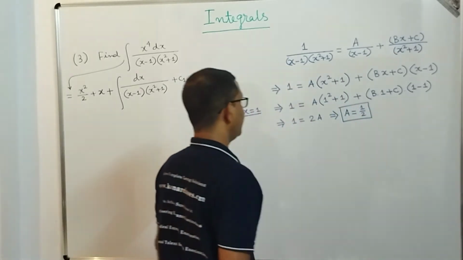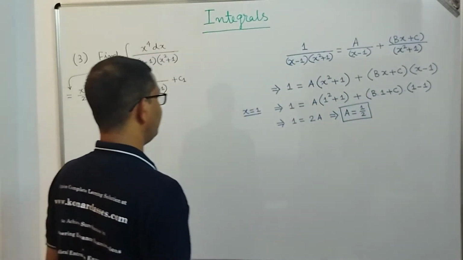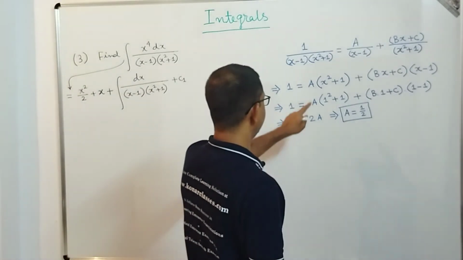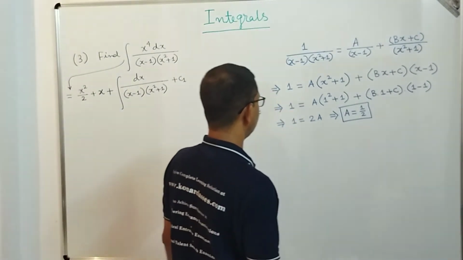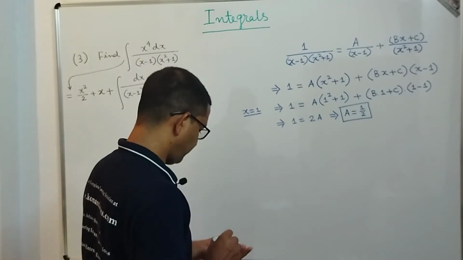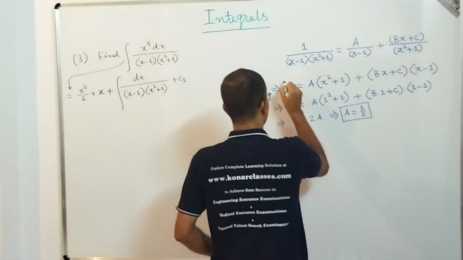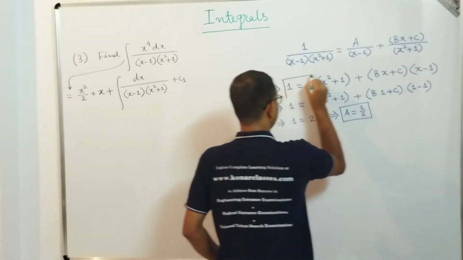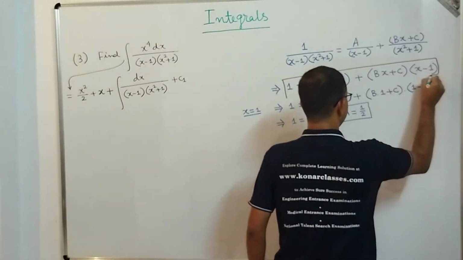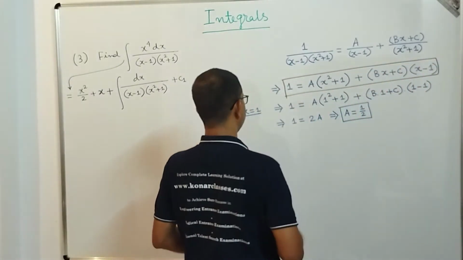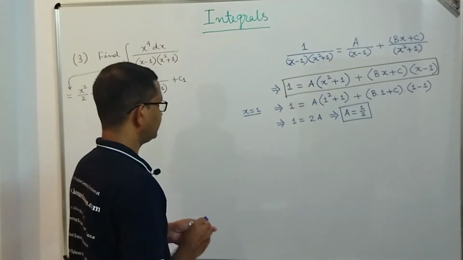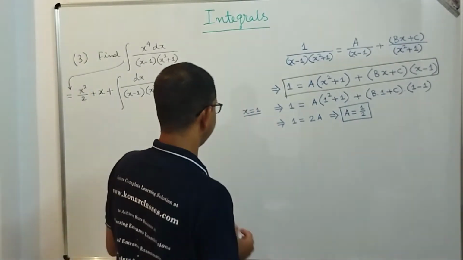Okay. Now let's see what the values of B and C are. For which what should you do, dear students? We should equate the coefficients of x square in both sides of this identity. What is the coefficient of x square in the left hand side? That is 0.